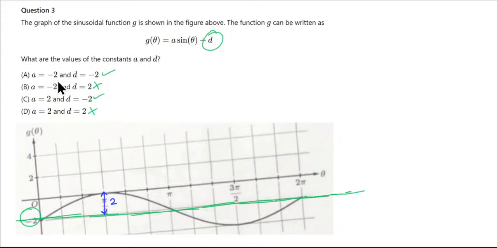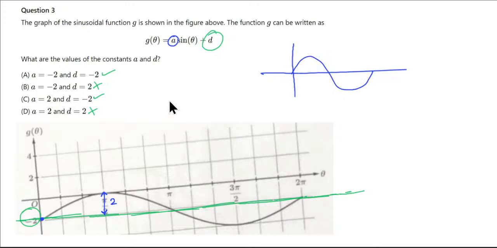But I cannot just blindly say that the answer is a equal to 2, because remember that the sign, as in the plus or minus, decides whether the sinusoidal curve is going up or down, right? Fortunately, in this case, when the sine curve starts from the midline, it is actually climbing, going up, which is similar to the parent function, because parent sine also looks like this.